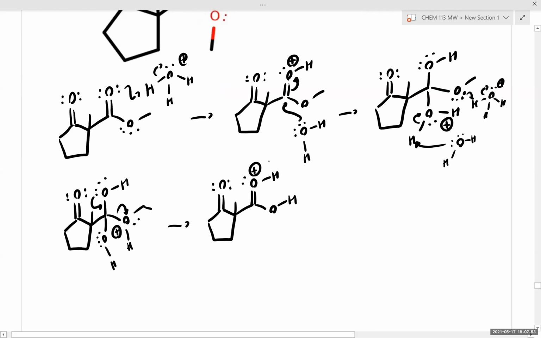Would anyone like to share a photo of their work, or would anyone like to try and annotate these next few steps? Just because the exact arrow pushing for these next few steps is very important, and I want to make sure it's accurate.